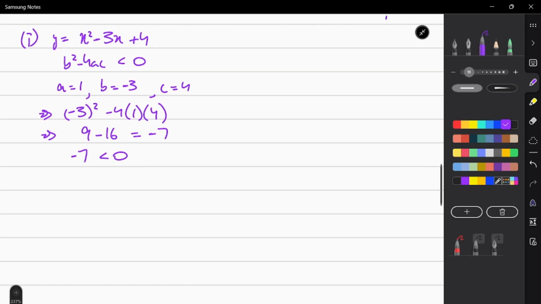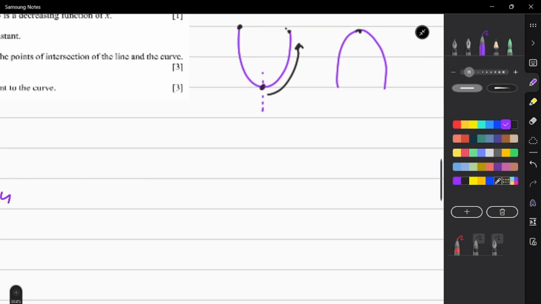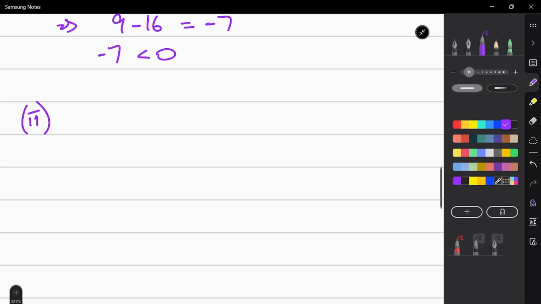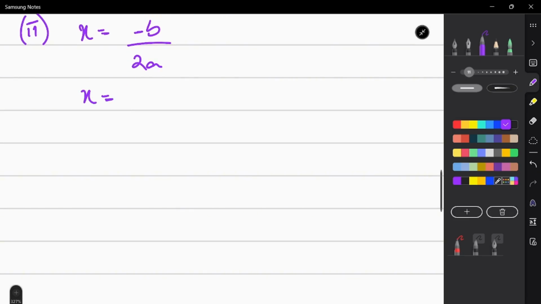So let's do this. We're going to be figuring out the vertex for this equation. We had two methods for that, the completing the square method and the shortcut. I'm going to be using the shortcut since there is no requirement. And x equals minus b upon 2a gives us the x coordinate of the vertex, and this gives me 3 upon 2.